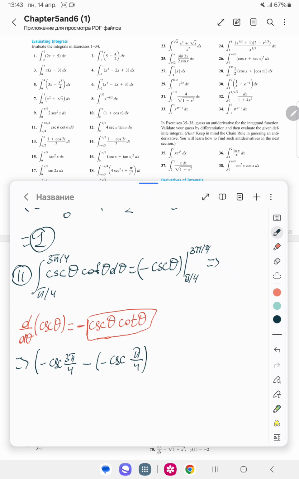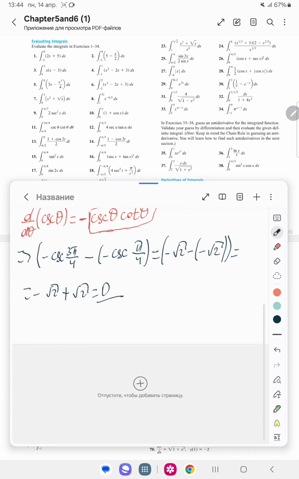Cosecant pi over 4 and cosecant 3 pi over 4 are square root of 2. Meaning we will get minus square root of 2 minus square root of 2, which is minus square root of 2 plus square root of 2, 0.